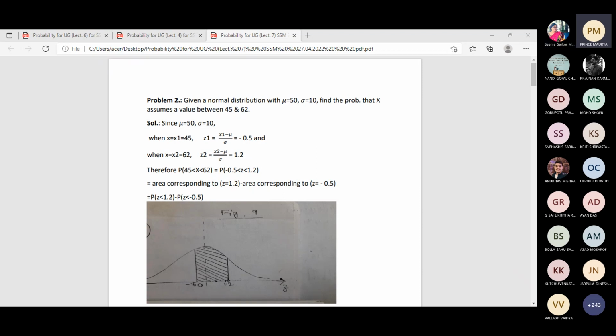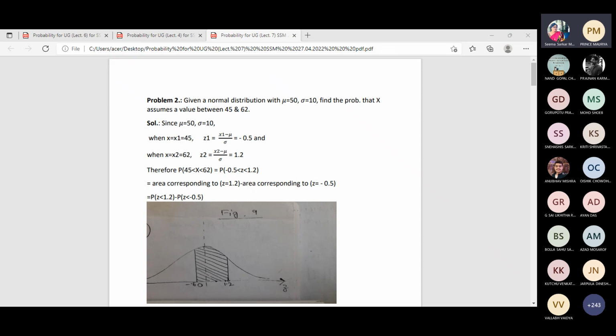Now, 45% area, suppose corresponding to Z is equal to some value, say Z1. We don't know what is Z1. Say for Z is equal to Z1, the area to the left of that Z1 value is 45%, that means 0.45.